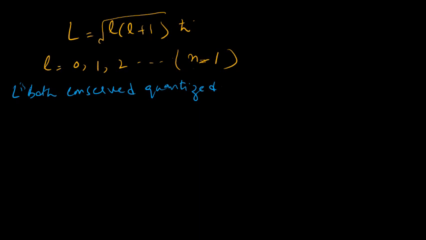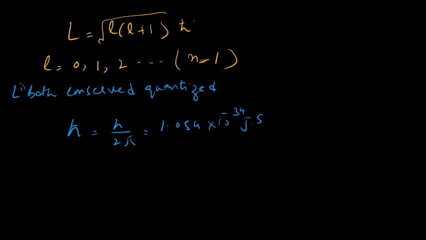Here h cut equals h over 2 pi, and its value is 1.054 times 10 to the power minus 34 joule second.